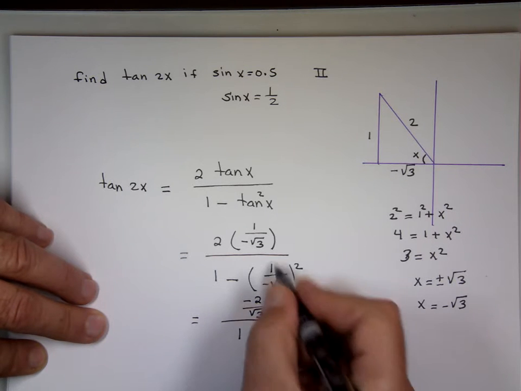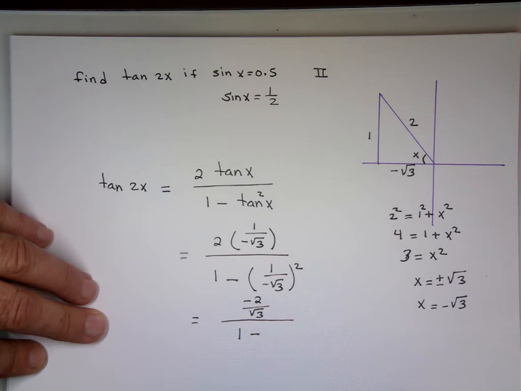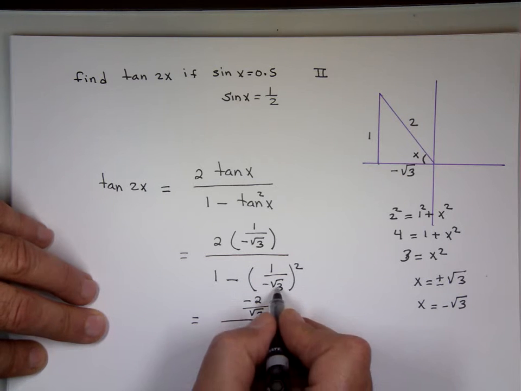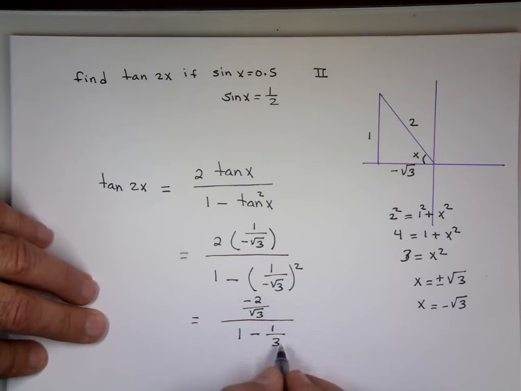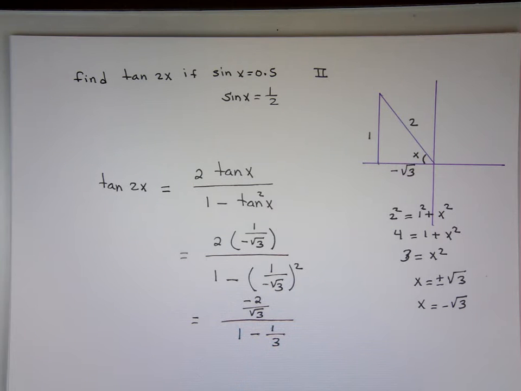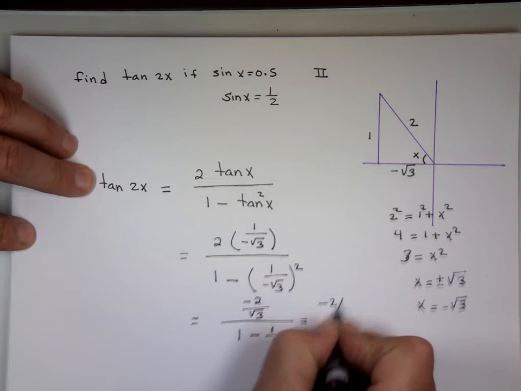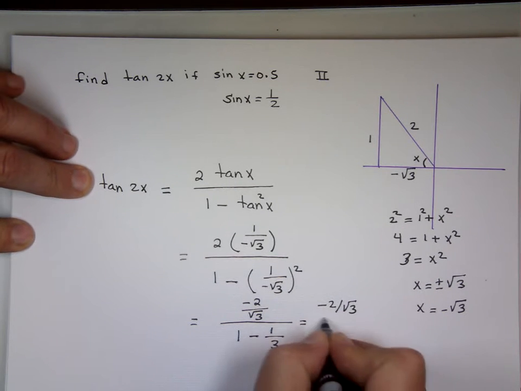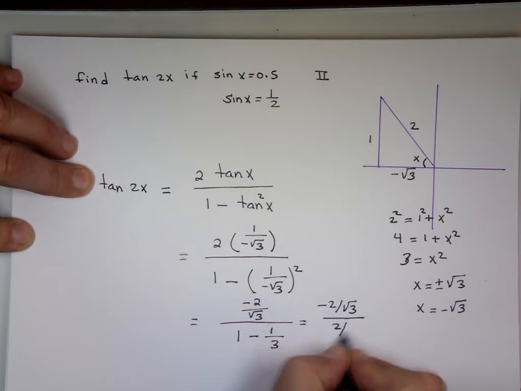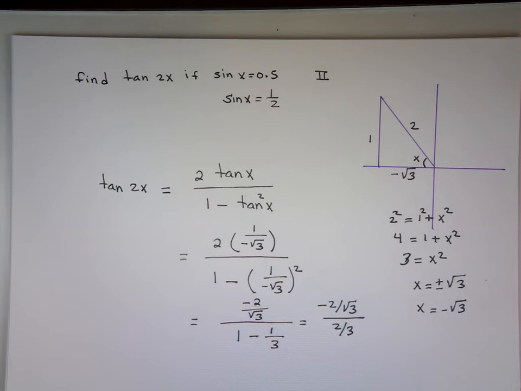When you square that, what are you going to have? 1 squared is 1 over 3. It's plus because you're squaring it. So what we have is negative 2 over the square root of 3, divided by what? 2/3. 1 minus 1/3 is 2/3.